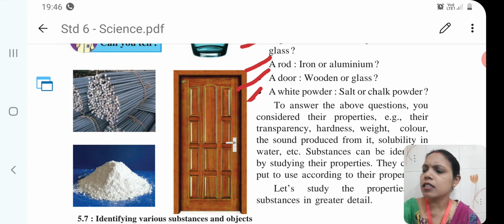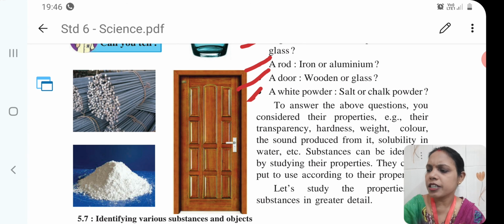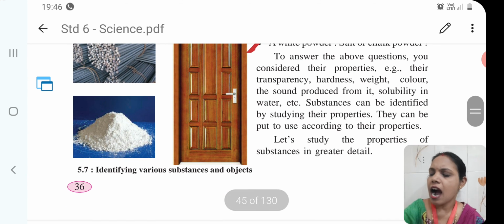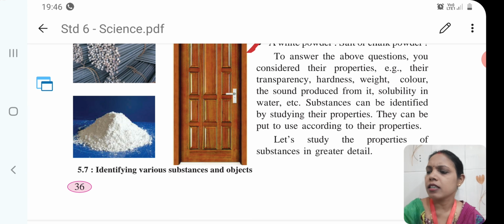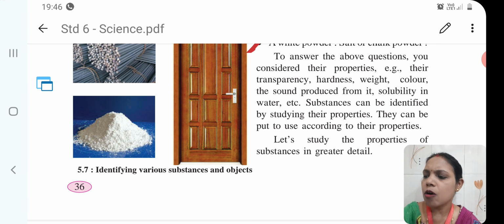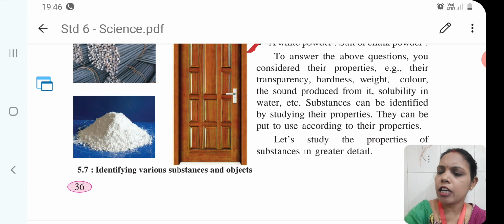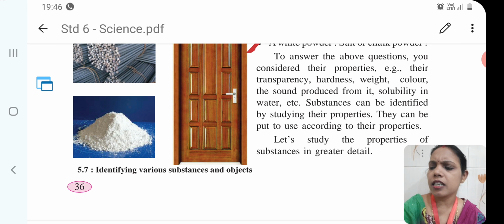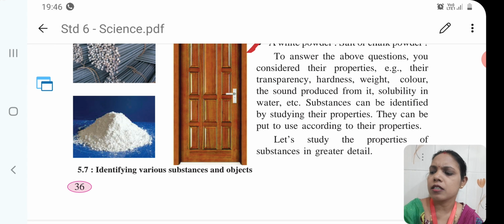To answer the above questions, you consider their properties, for example, transparency, hardness, weight, color, the sound produced from it, solubility in water, etc. Substances can be identified by studying their properties. They can be put to use according to their properties.